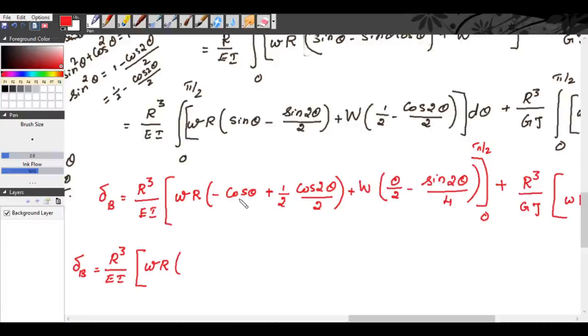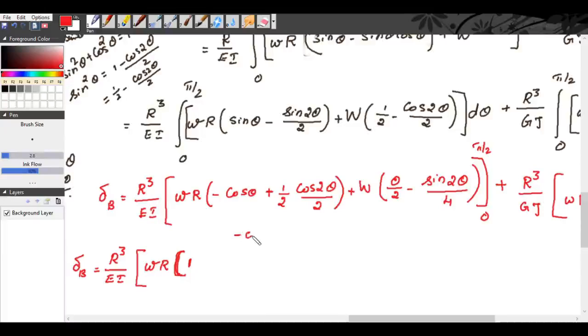Cos 90 is 0, right? Cos 90 is 0. So cos 90 is 0 minus 0. Cos 0 is 1. So minus into minus plus. So we get 1.